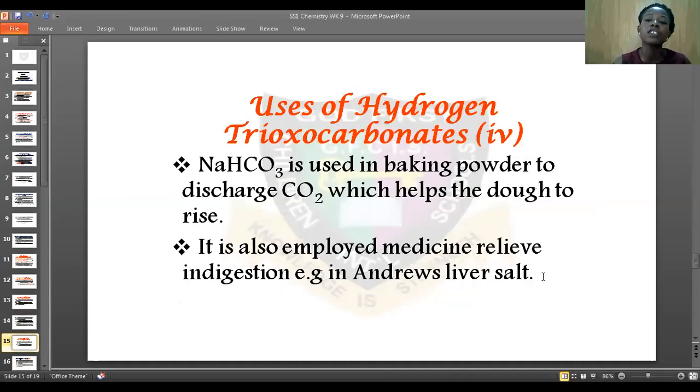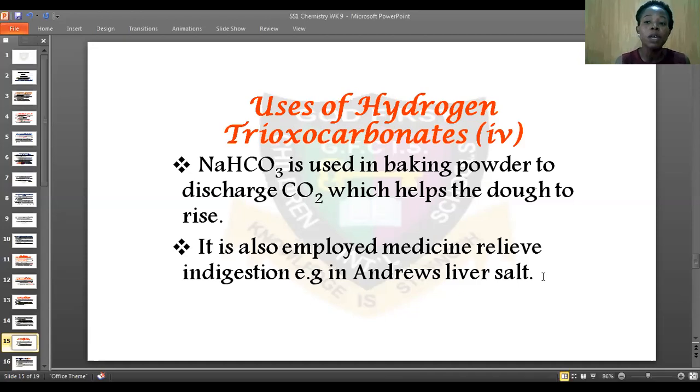Then the uses of hydrogen carbonate(IV). Sodium hydrogen carbonate(IV) is used in baking powder to discharge carbon(IV) oxide, which helps the dough to rise. Remember, we said that carbon(IV) oxide helps dough to rise. So it's due to the presence of this sodium hydrogen carbonate(IV) that will react with the mixture of the dough.